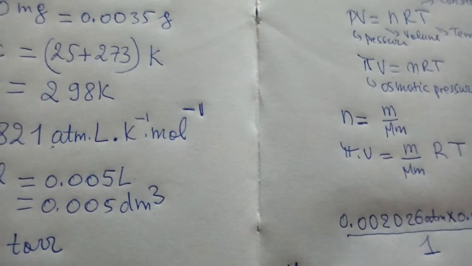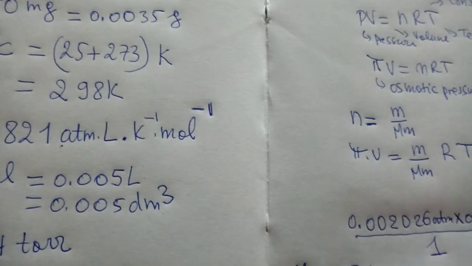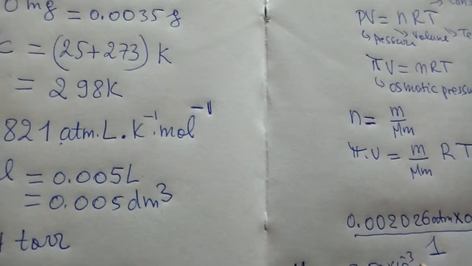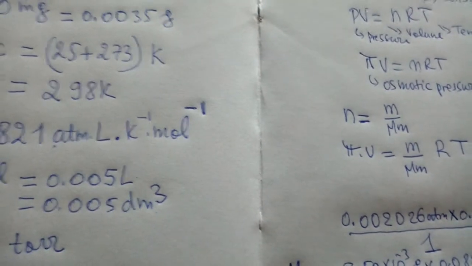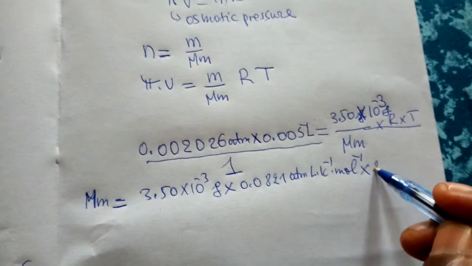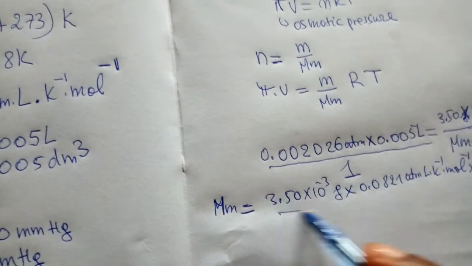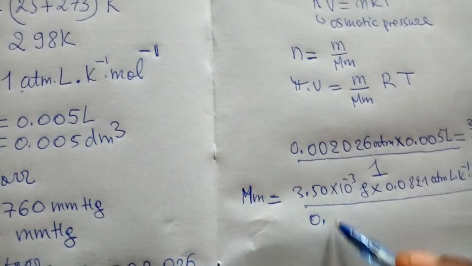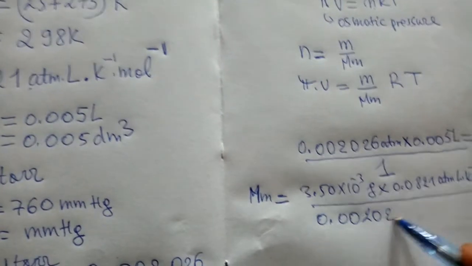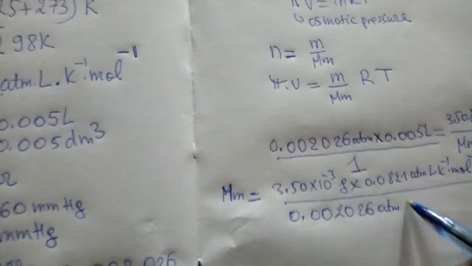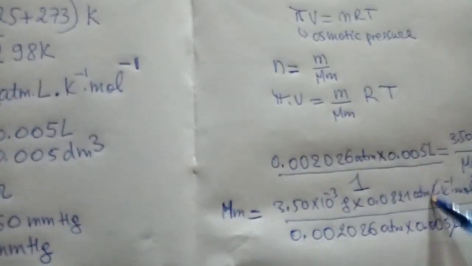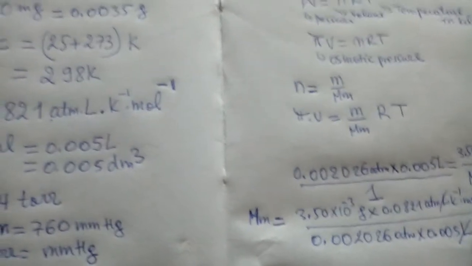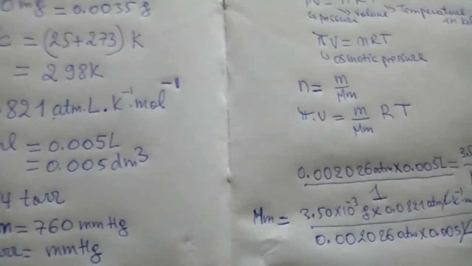Molar mass is equal to 3.5 times 10 negative 3 grams times 0.0821 atmosphere liter Kelvin minus 1 mole minus 1, times 298 Kelvin, which is the temperature, over 0.002026 atmosphere times 0.005 liter, and you find that liter simplifies with liter.